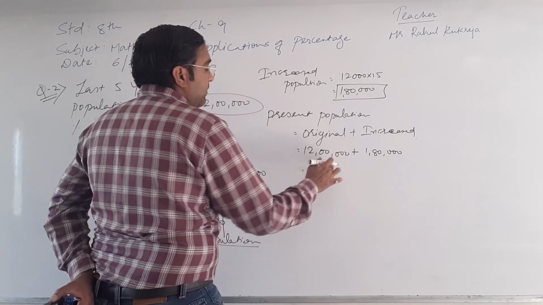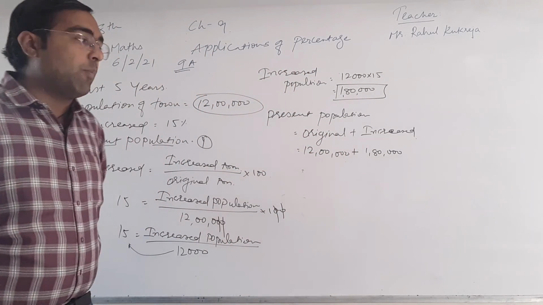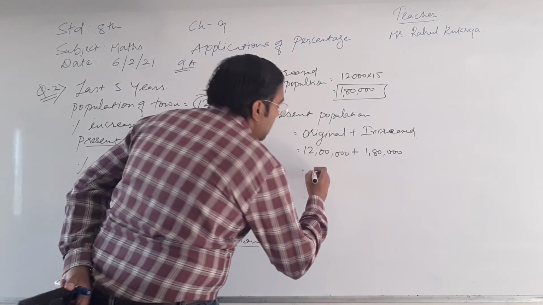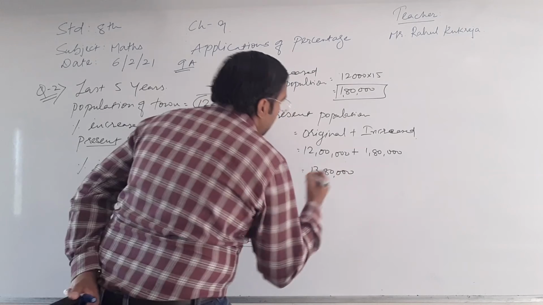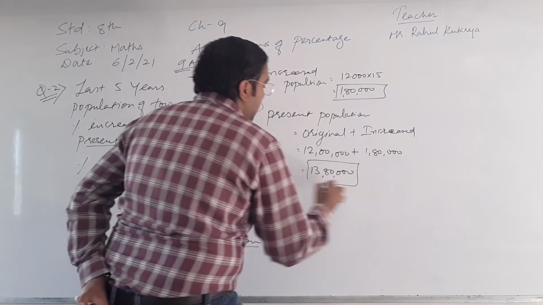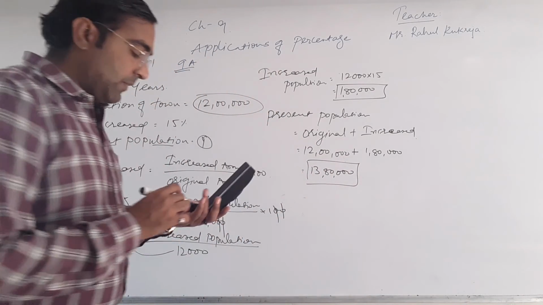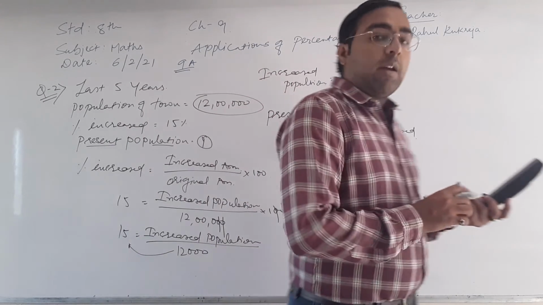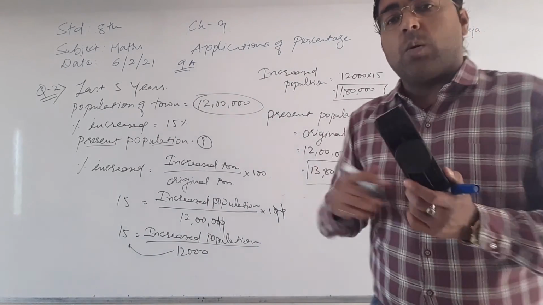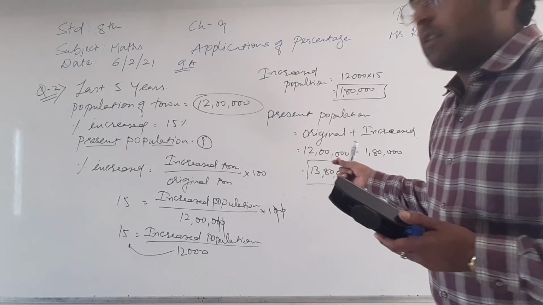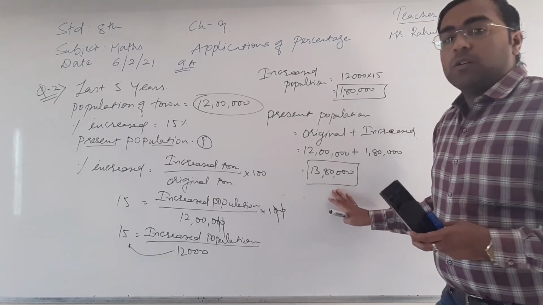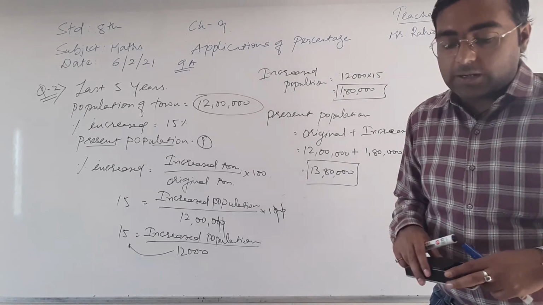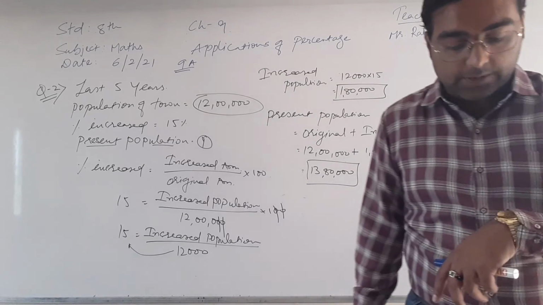So now present population will be 13,80,000. Okay. Increased population will be 1,80,000, and we are adding it with the original amount. So we are finding the present population of the town, it will be 13,80,000. Okay, clear that?